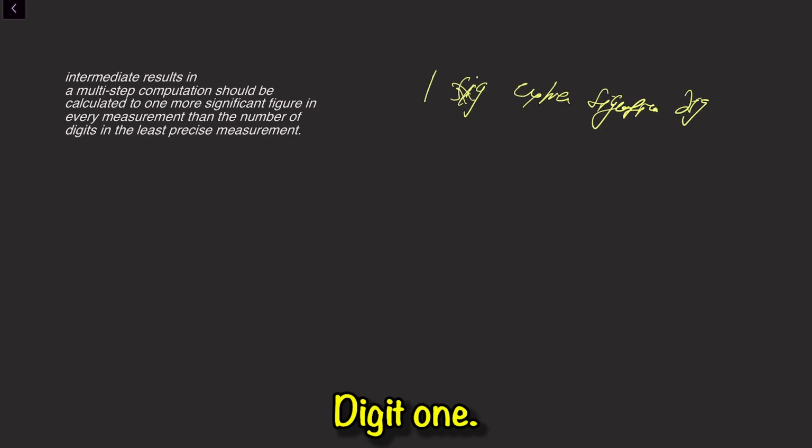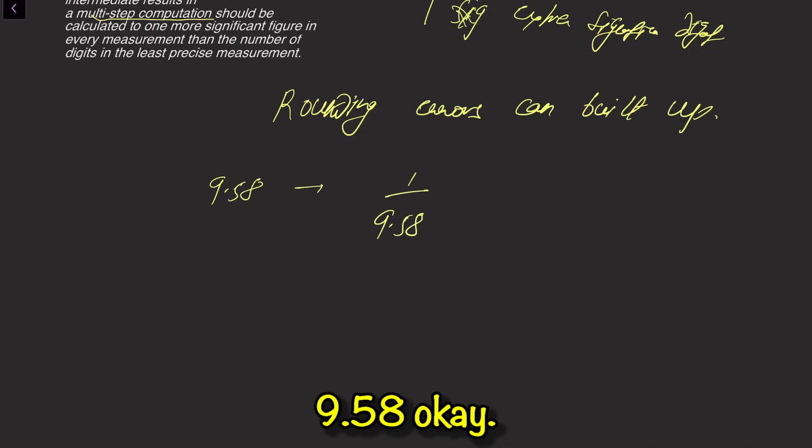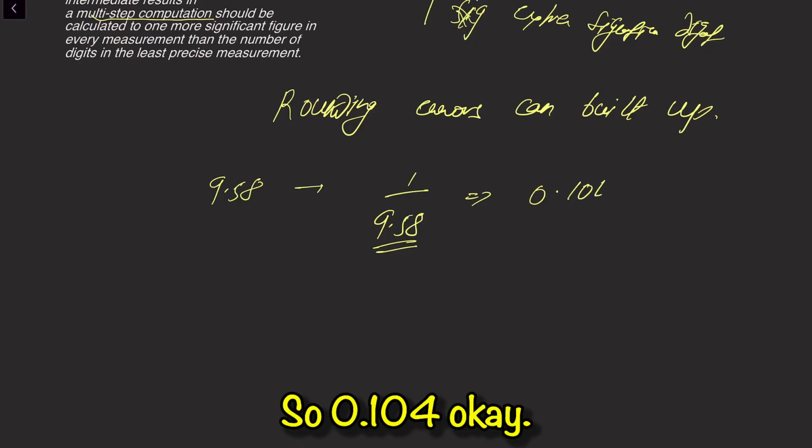One thing we have to keep in mind is that we have to keep at least one extra significant digit. Why? Because while doing a multi-step computation, rounding errors can build up. Let's take an example. Let's say we take the reciprocal of 9.58. So 1 upon 9.58 comes to 0.104, because this is three significant digits.